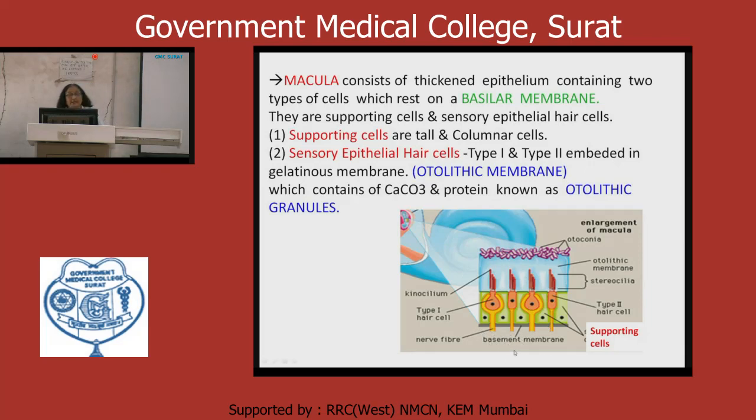So here are the two main cell types. Number one are the supporting cells, which are columnar and tall.